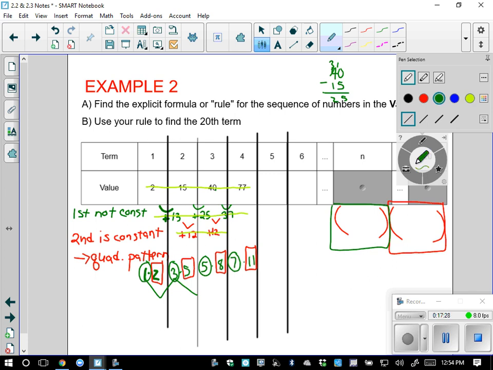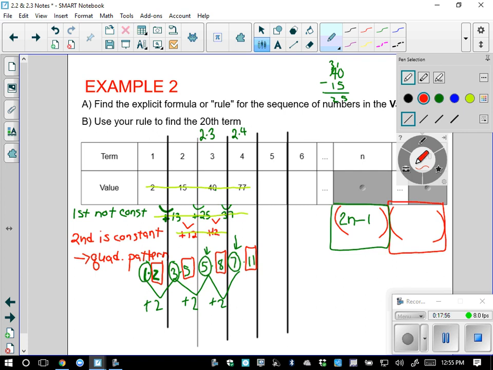So to get from 1 to 3 to 5 to 7, I go up by 2. So this is 2n. And then I have to check my adjustment. So 2 times 4 is 8, but I need a 7, so I have to subtract 1. I'll check it here. 2 times 3 is 6, but I need a 5, so subtract 1 and that works.